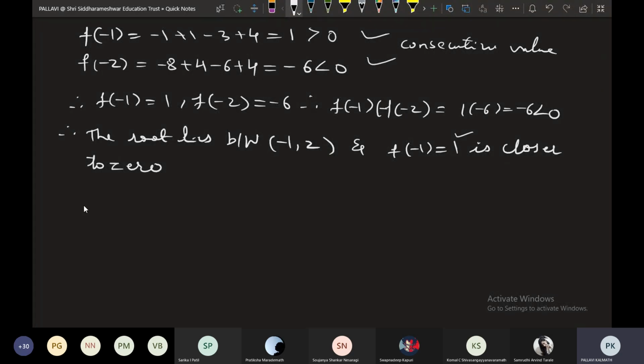Therefore, what is your conclusion? The root lies in the neighborhood of minus 1. Therefore, let x0 equal to minus 1.